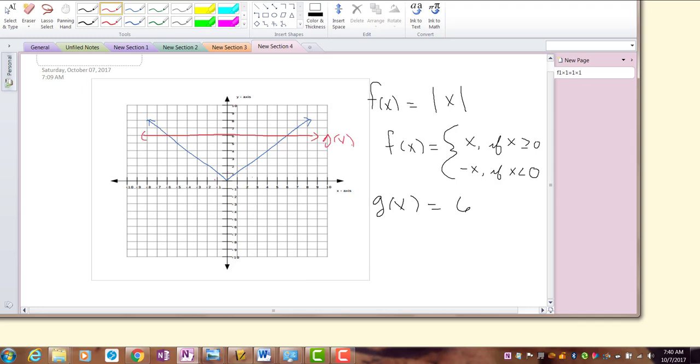And of course the next natural question is, for which values does f of x equal g of x? Well, you can see on the graph right here that it's going to intersect right there at 6, 6, and over in quadrant number 2 it's going to intersect at -6, 6. Okay, groovy. Well, let's show that algebraically.